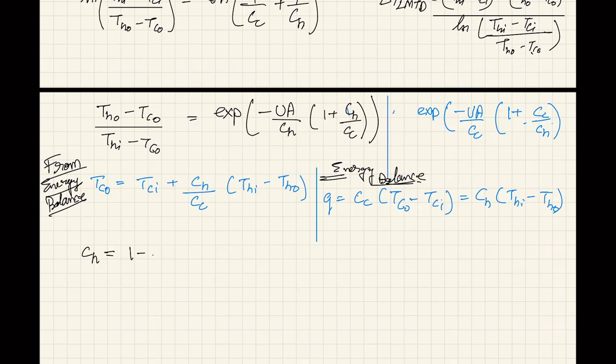Some mathematical jugglery coming in over here. So it will be 1 minus exponential of minus UA. If you don't get it, just let me know on the WhatsApp group. I will share the PDF of the derivation with you, the complete PDF that has all the steps solved. But first you try, and if you face any difficulty, just let me know on the group. Also, for those watching on YouTube, you can write it in the comment section. I will mail the entire derivation PDF to you.